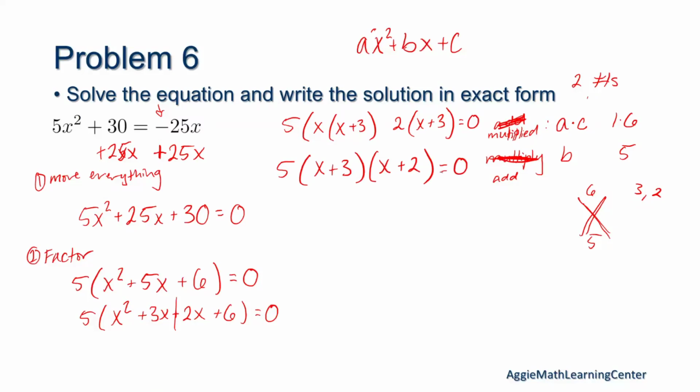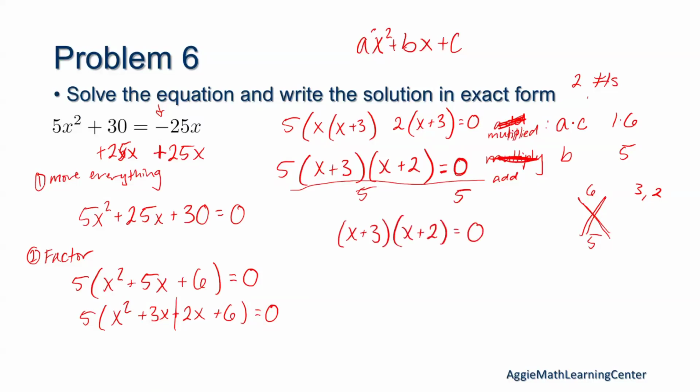So we've got this equation equal to 0. That means we need to use our zero factor property. So what will I set equal to 0? I could get rid of this 5 by dividing both sides by 5. 0 divided by 5 is still 0. So we have x plus 3 times x plus 2 equals 0.